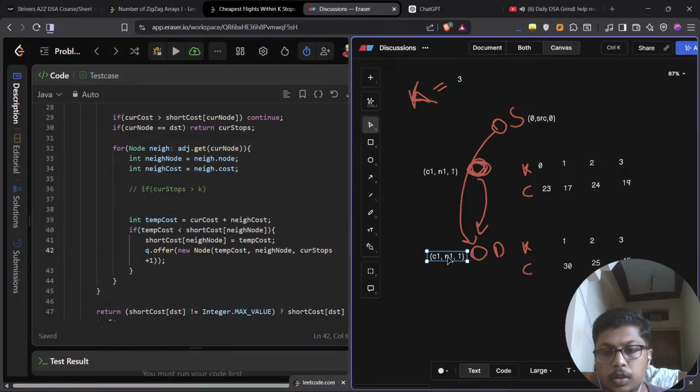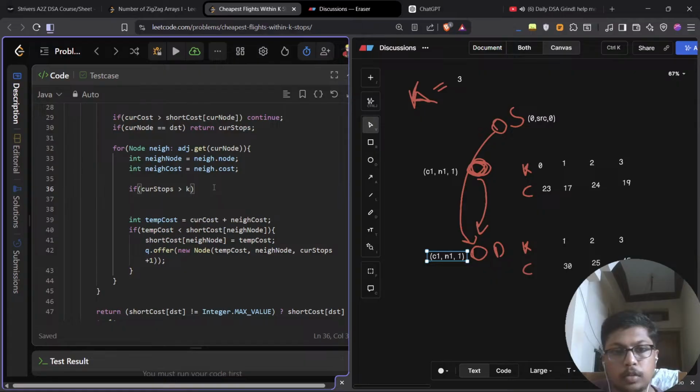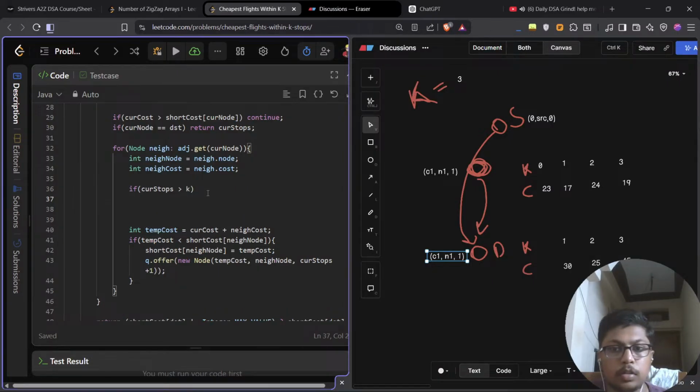Now what about the destination? Now it's the destination point. If k is equal to 0, before going further I need to stop it over here. If k is set to, let's say, 0, then I should check it over here.